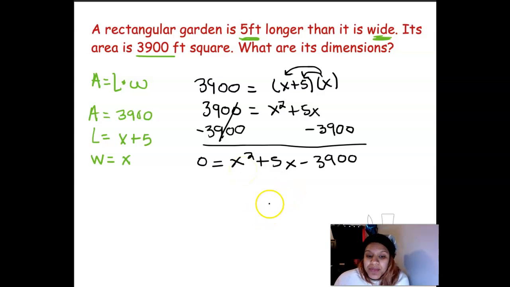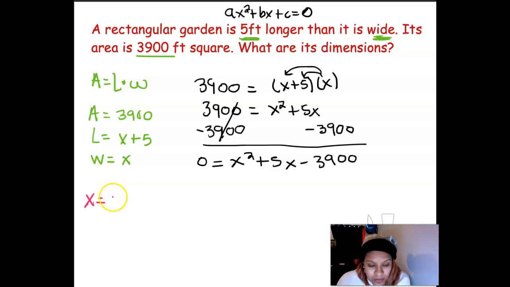So if you notice, this is in quadratic form, which is ax squared plus bx plus c equals 0. I'm going to use the quadratic formula to solve, which is this.